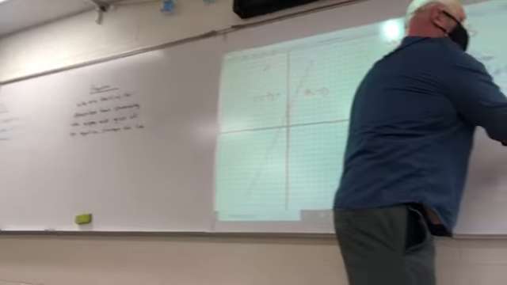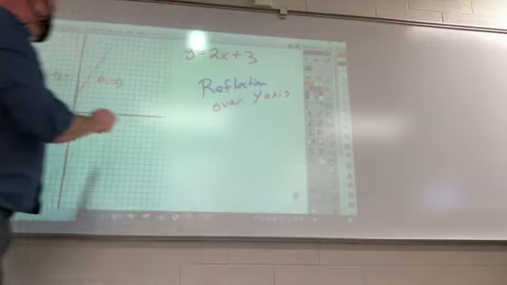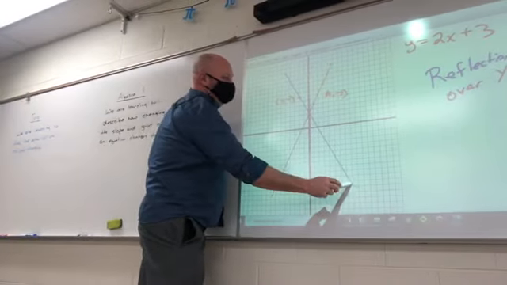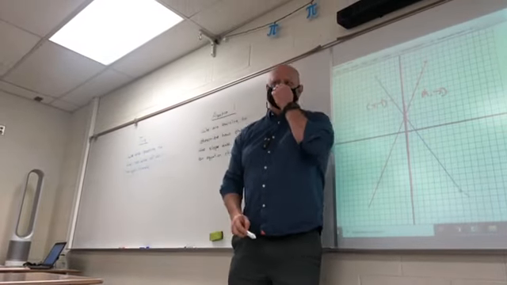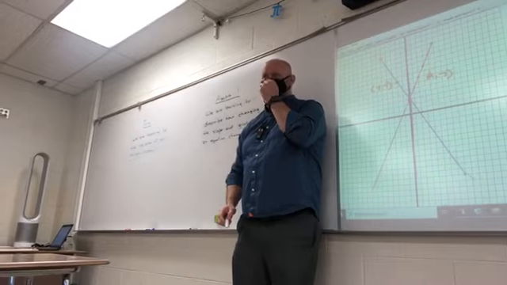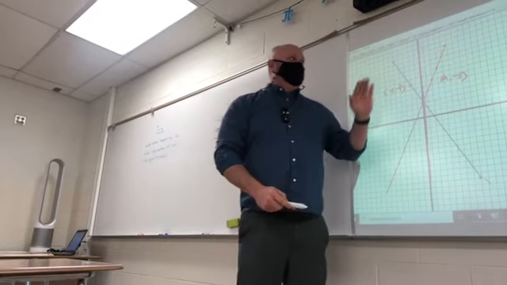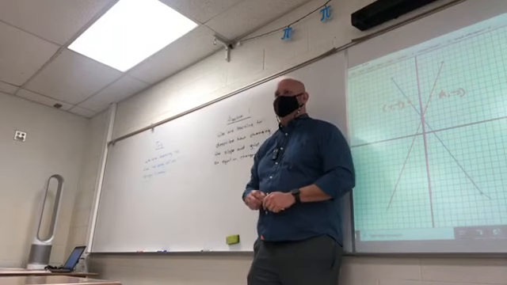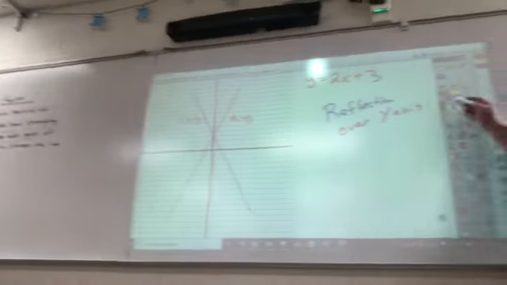Now, my question to you guys, this new line that I just drew, is this blue line the reflection of that red line? Yes, absolutely. The question is, what's now the equation of that line? Y equals negative 2x plus 3.